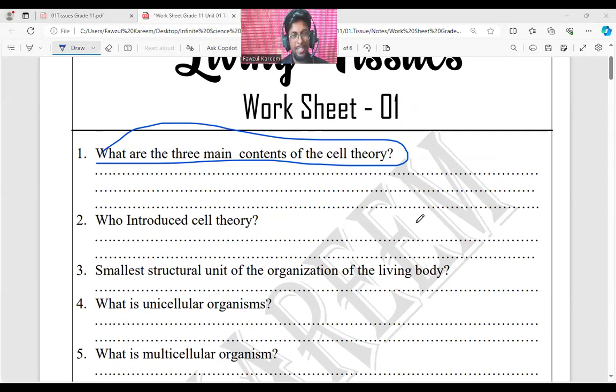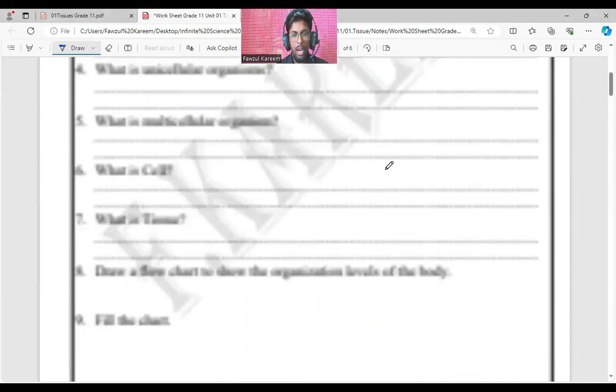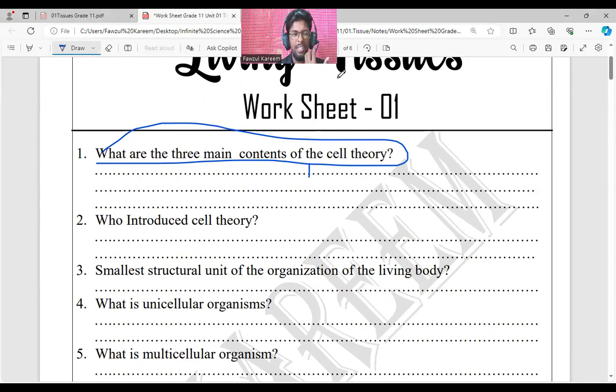Structure and function of cell. Okay, all right, number one. Did you get the PDF? Inshallah, I will send it. Don't worry. Then what is the next? There are three contents. What are they?